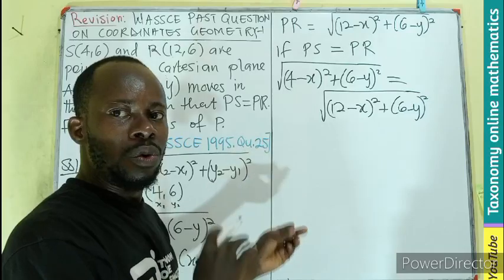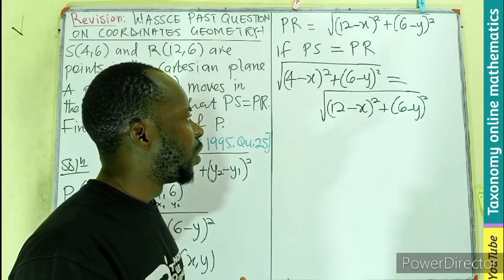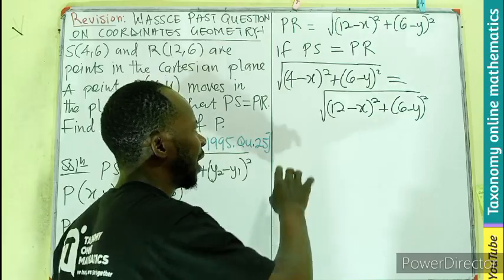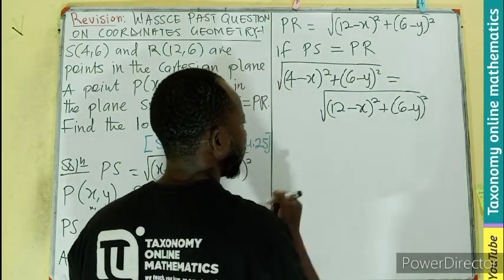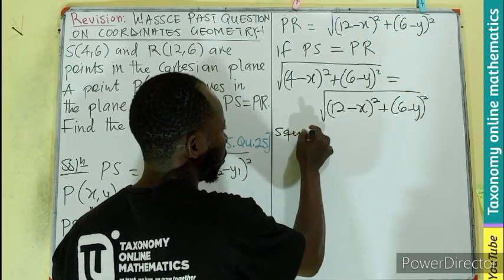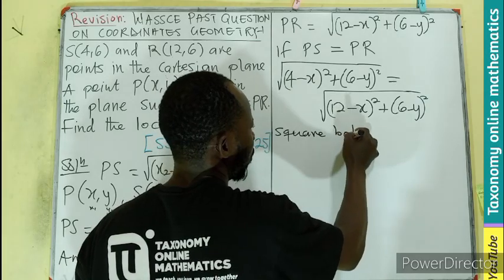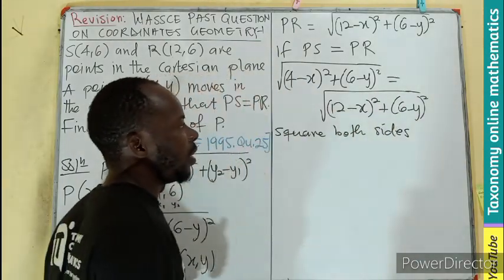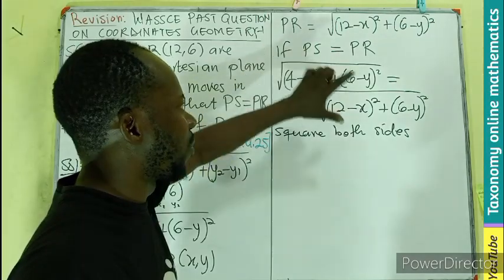You can see we have a square root on both sides of the equal sign. So we square both sides, and the square root will cancel.